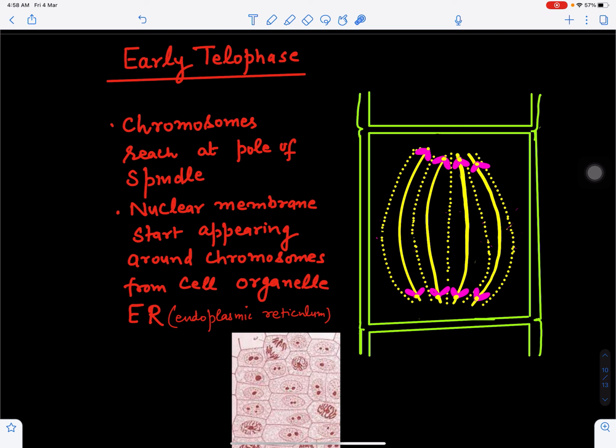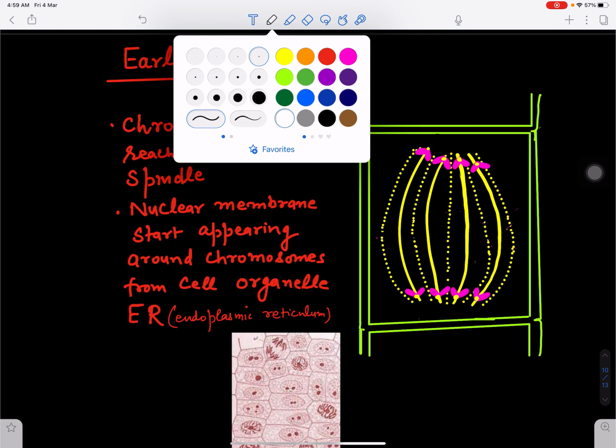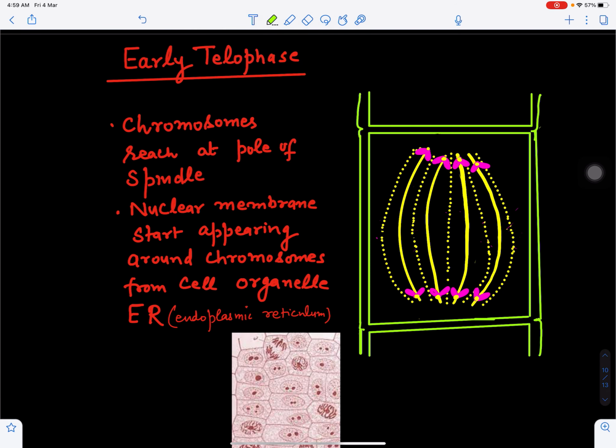Now the cell will enter the fourth stage of karyokinesis. It has almost reached the pole of the spindle apparatus, right? Now the nuclear membrane will start appearing around these chromosomes, right?